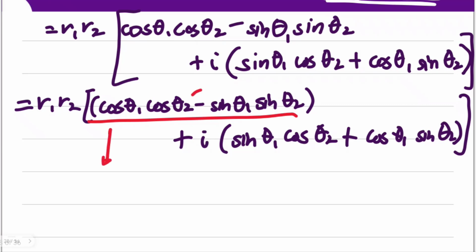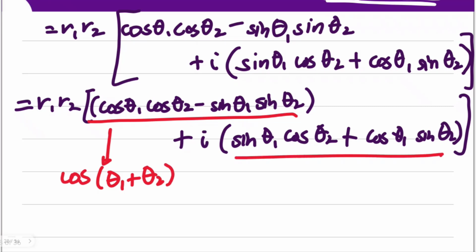Take note, it's minus, but it's the sum formula for cosine for both angles. And this will tell us the sum formula for sine: sine of theta sub 1 plus theta sub 2. For sine, plus means plus. For cosine, minus here means plus, and the other way around.